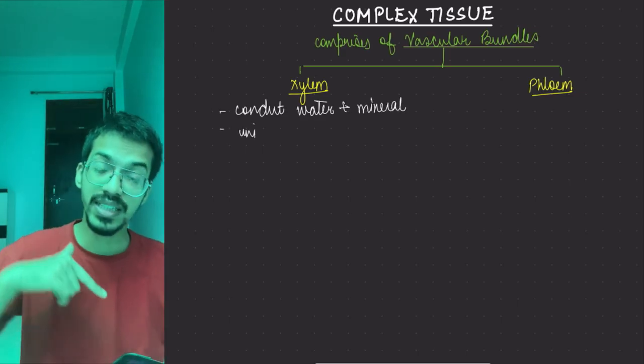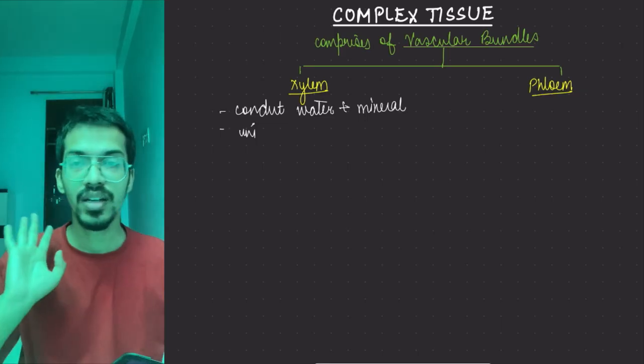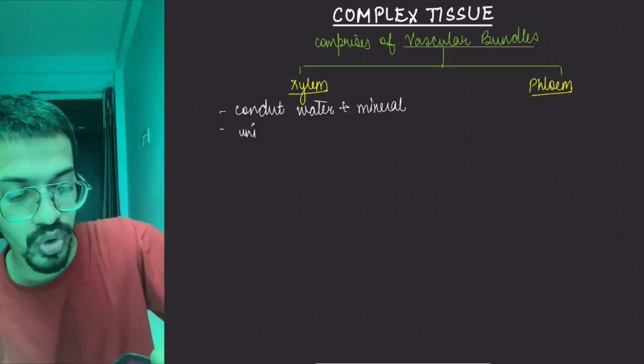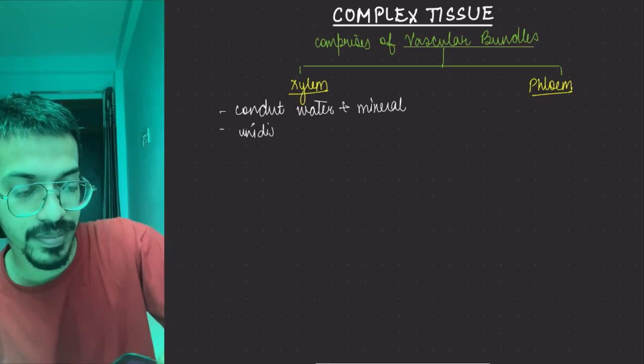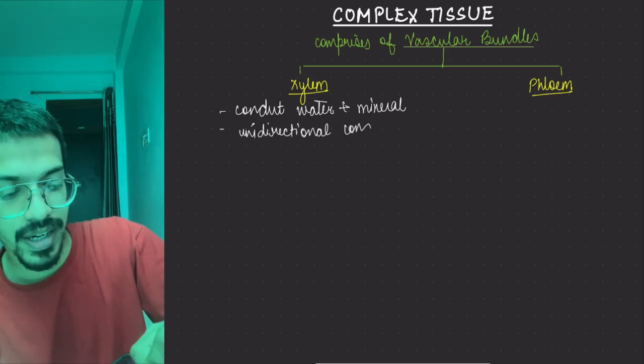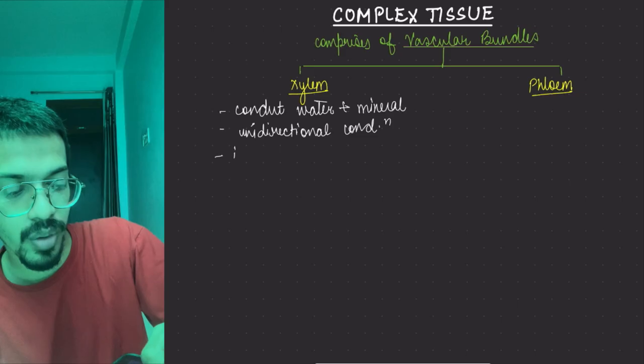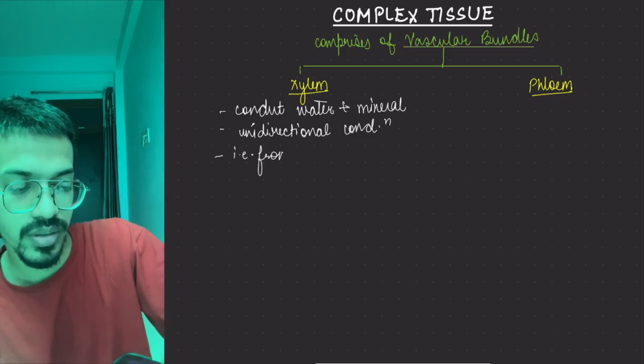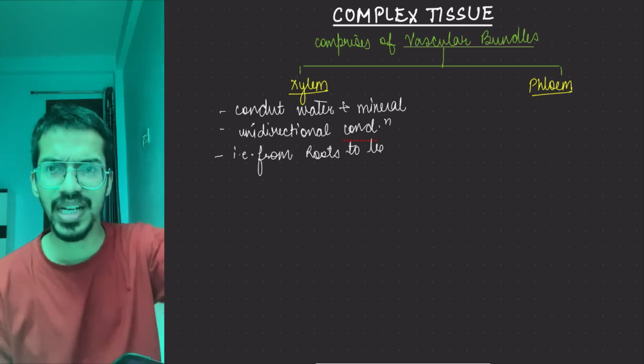Means from one side, roots, towards the leaves or stems. So unidirectional conduction, that is from roots to leaf or stem in between.